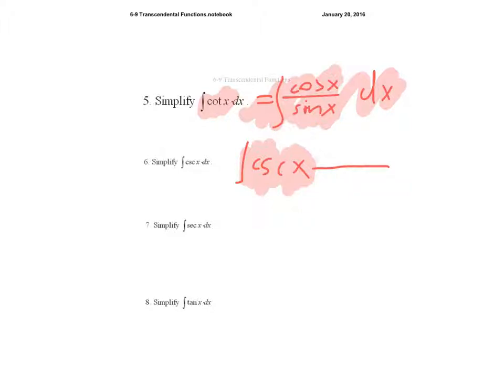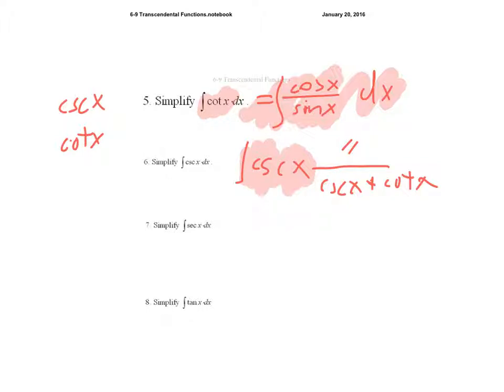So since it's cosecant, I'm probably going to be looking at cosecant of x and cotangent of x. And more specifically, for right now, let me just go ahead and write down cosecant of x plus cotangent of x, just like we have with the tangent. I'm a little worried that I might need a negative, but again, this is just to try out what it would be if I did that.